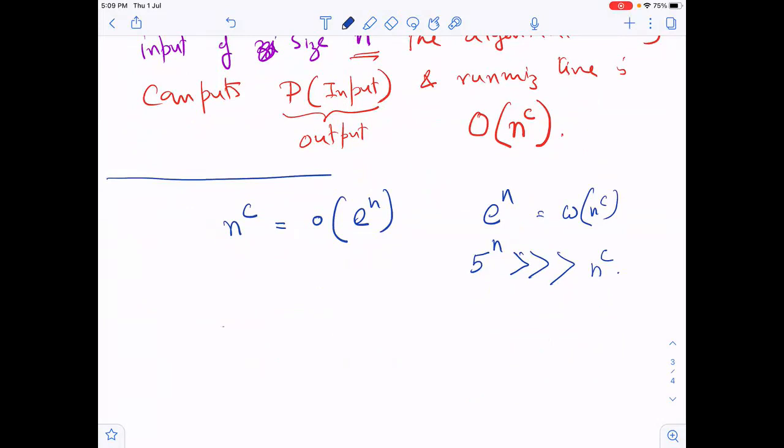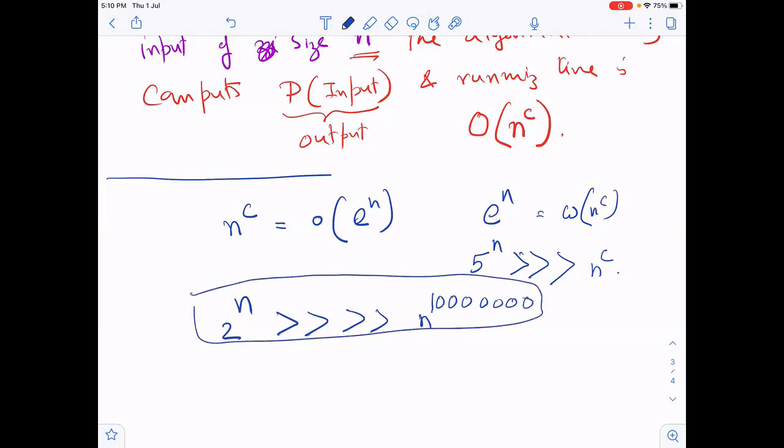I mean, 2 to the power n is way bigger than n to the power 1 million or 10 million, whatever. Now this statement may not make sense to you if you are not familiar with the concept of asymptotic notation. For large n, this is what happens.